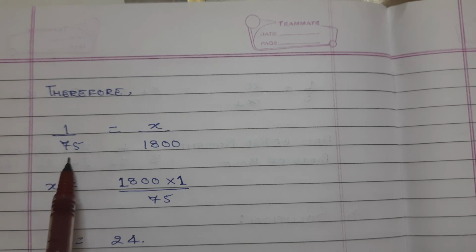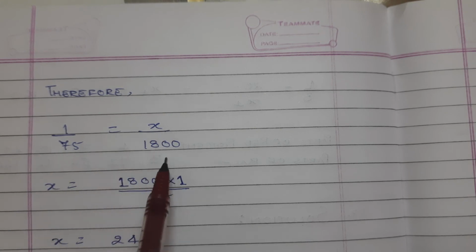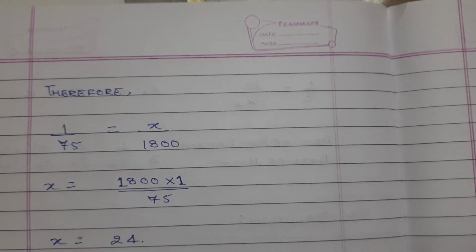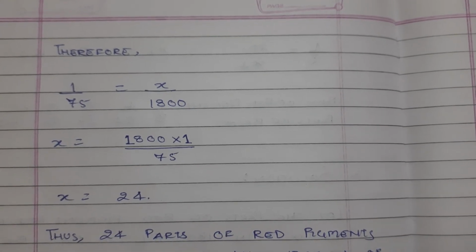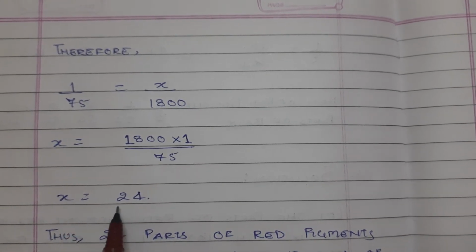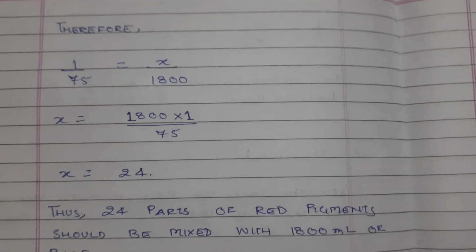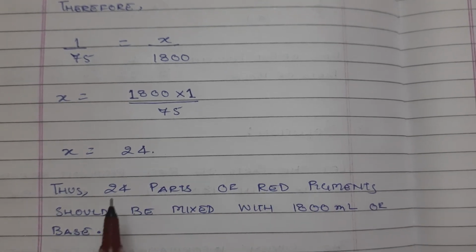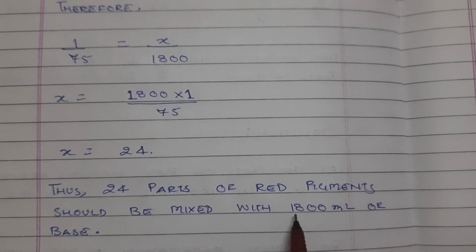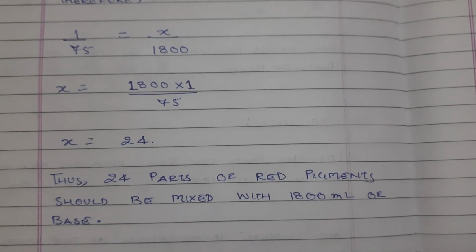So 1 by 75 will be equal to x upon 1800. Transposing the value, we will get the value of x to be 24. So by this, we will get that 24 parts of red pigment should be mixed with 1800 ml of base.